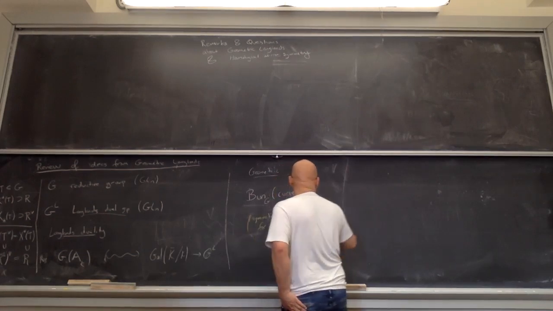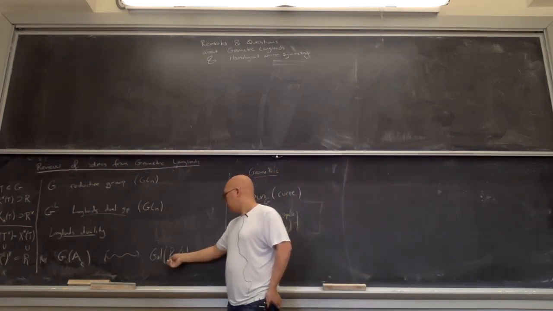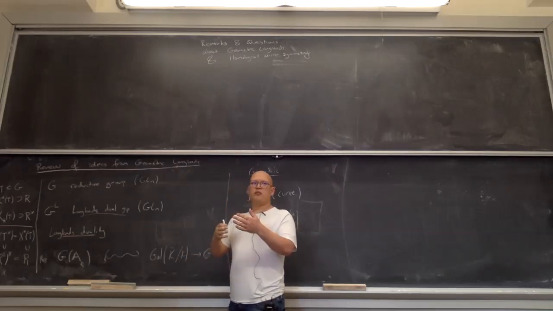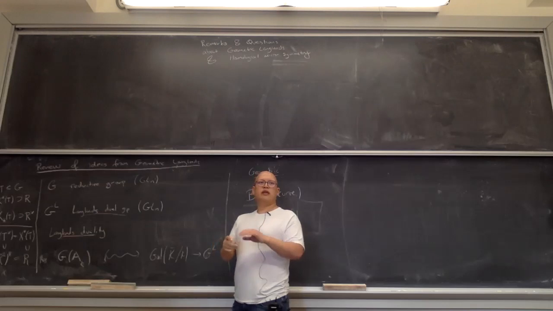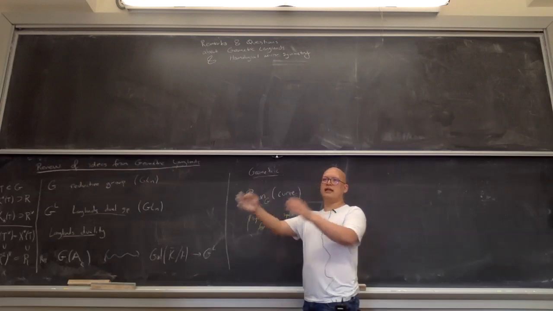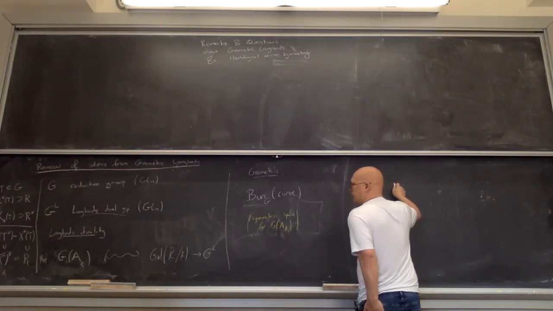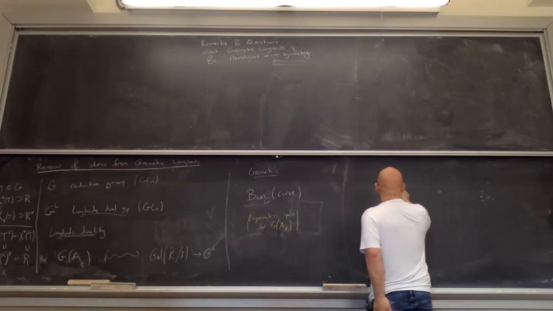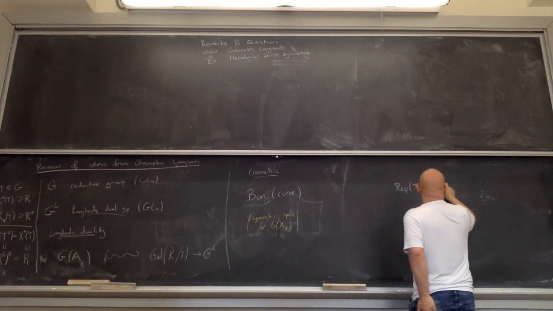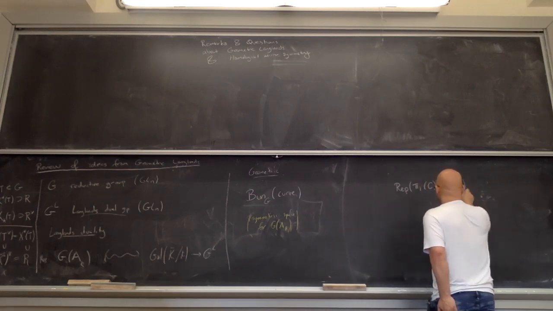And this is supposed to be related to, in this geometric situation, the Galois group of the function field of the curve, which has something to do with the fundamental group of the curve. The fundamental group of the curve sits inside the Galois group of the function field, and the rest of that we don't talk about. So the thing on the other side is somehow representations of pi1 of the curve into G Langlands dual.